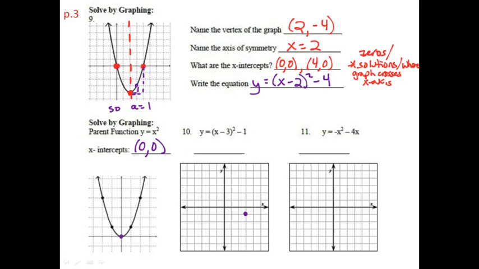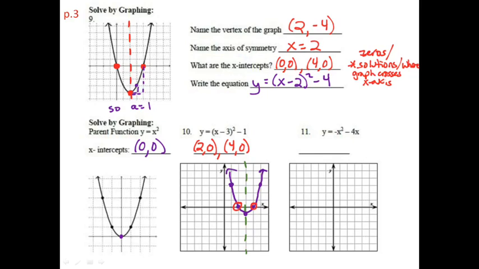We have an a value of 1, so we can move to the right 1, up 1, to the right 2, up 4, and then don't forget your axis of symmetry here. We can simply reflect over that. Oops, let's get a better curve there. So we can see from here that we have zeros at (2, 0), and then again at (4, 0). So 2 solutions for number 10.